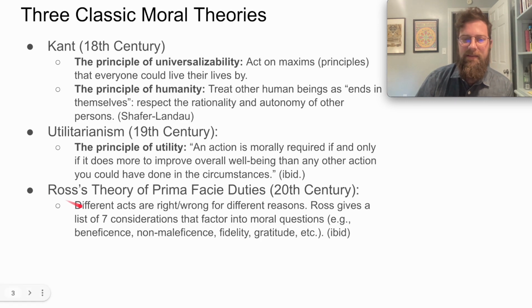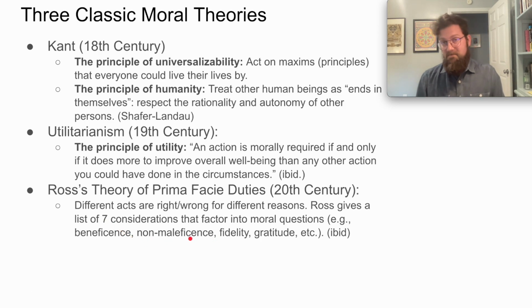So in that case, he's going to say non-maleficence explains why it's wrong to hurt people, but he's also going to say that in other situations you might be doing something wrong for a different reason. So he gives, for instance, the duty of fidelity, which is your moral responsibility to stay true to your word.